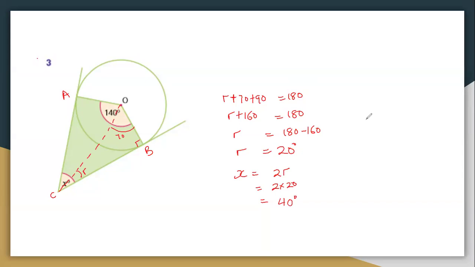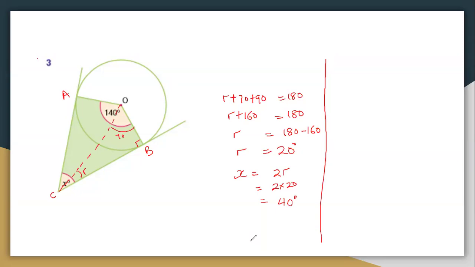Yes, Abe? Teacher, for me, I had another approach. I first bisected it the way it is like this. Then, if this is 140, after bisecting it, this side will be 70, and also this side 70.